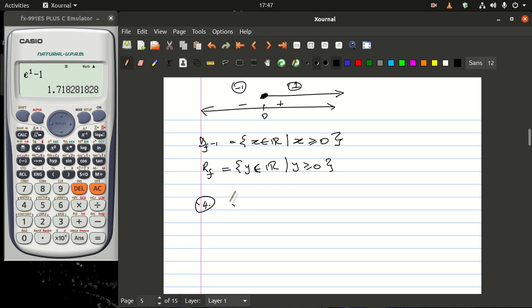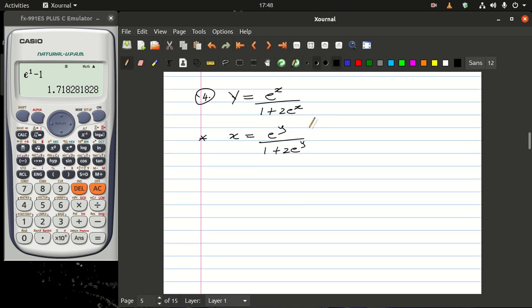Suppose I'm giving you y is equal to e to the power x divided by 1 plus 2e to the power x, and I want you to find the range of this function. Rule number 1 is I interchange x and y, so wherever I see a y I place an x, and wherever I see an x I place a y. So you end up having 1 plus 2e to the exponent y.